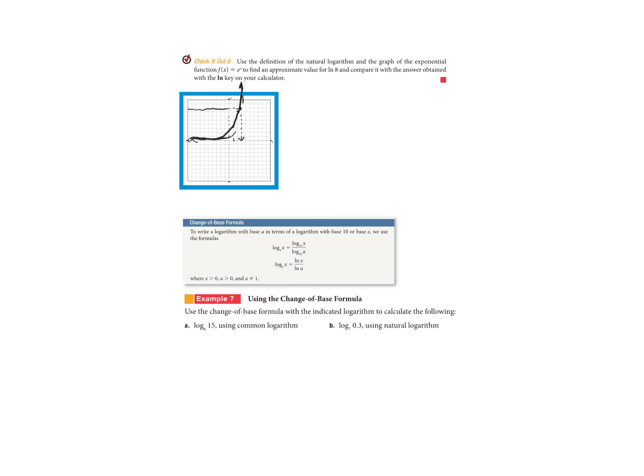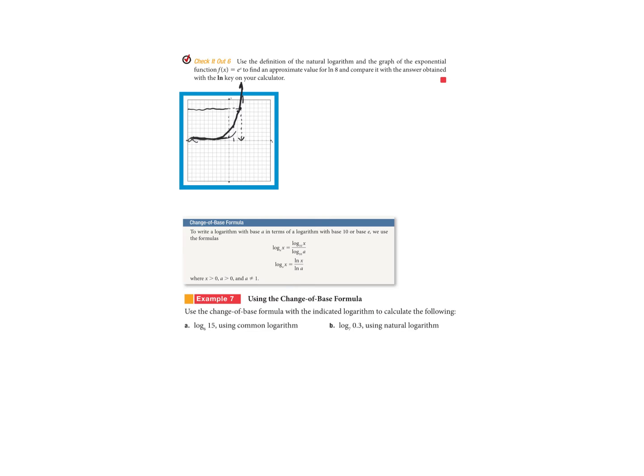On my digital graph, I'm going to hit trace, and I move over to where my graph is close to 8. My y value is close to 8. I have 8.34.